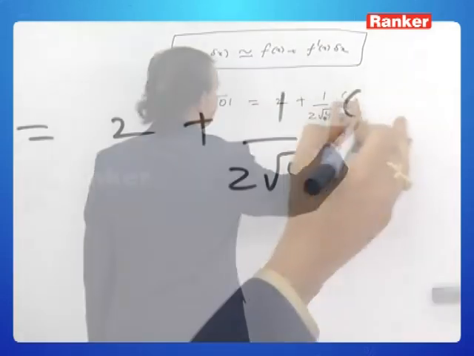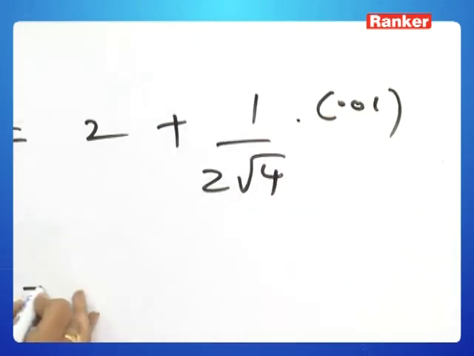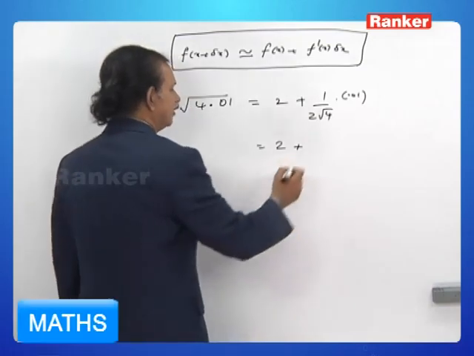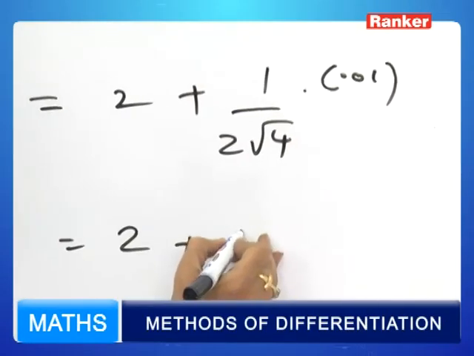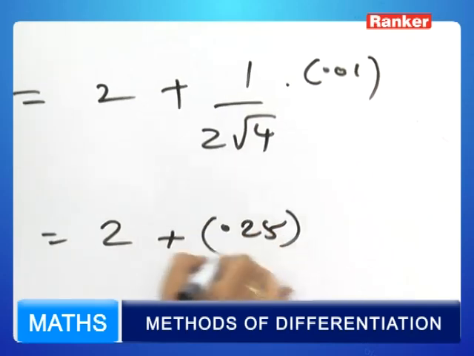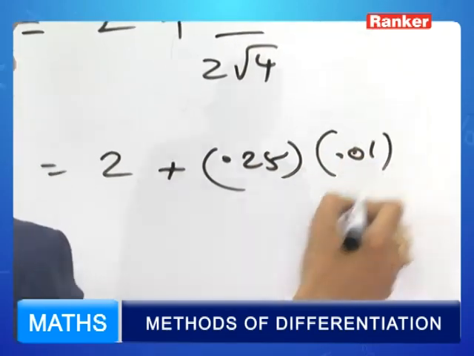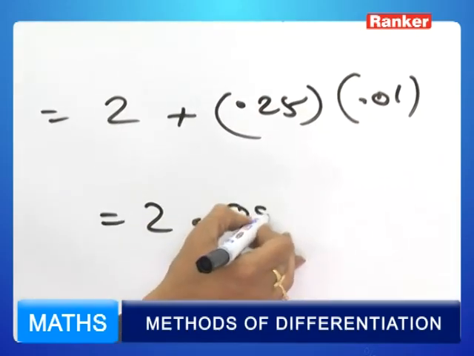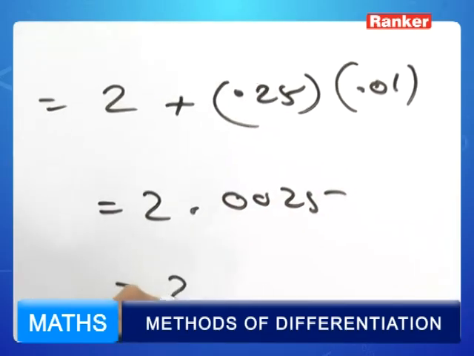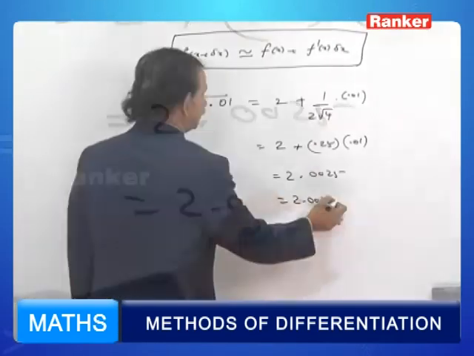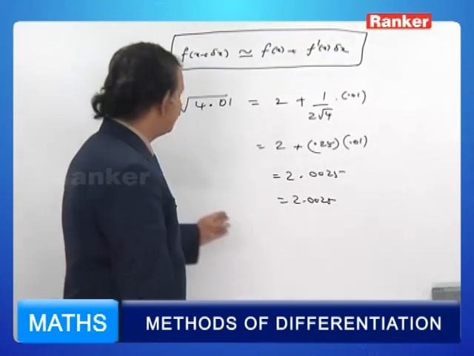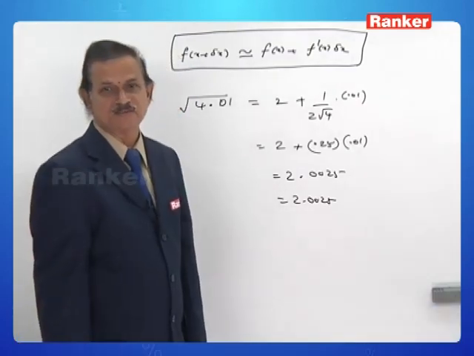What is delta x? 0.01. So it is 2 plus 1 by 2 root 4, root 4 is 2, 2 twos are 4, so 1 by 4 is 0.25. 0.25 into 0.01 is 0.0025. So it is 2.0025. It's not impossible to get the answer this way. It is a beautiful application of derivatives, isn't it?